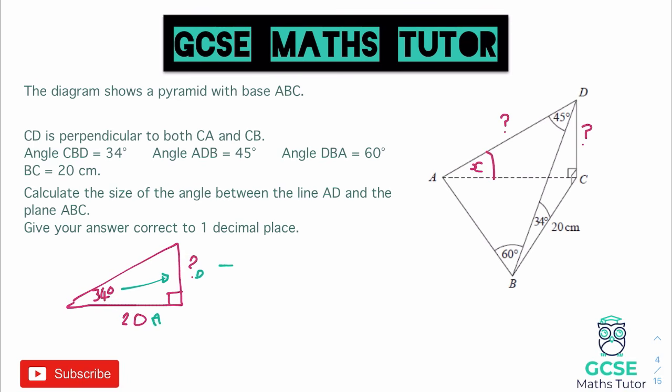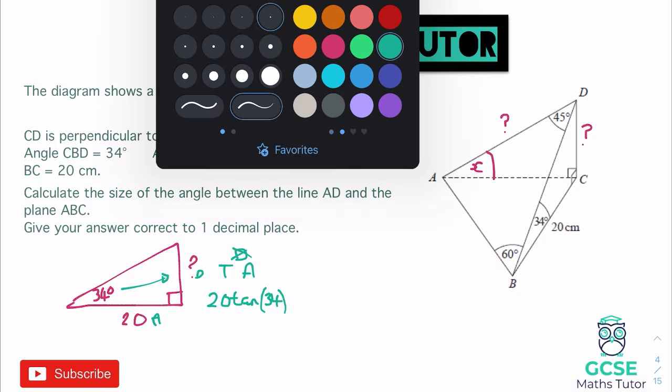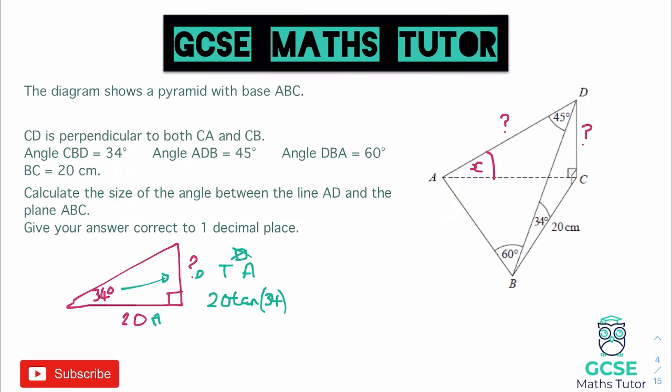So writing down our SOHCAHTOA triangle, or the formula if you prefer to use that, we're working out the opposite, so it's going to be a multiplication. So we're going to do tan 34 multiplied by 20, or you could write that as 20 tan 34. We can type that in on our calculator, and that comes out as 13.49 with a few more decimals.